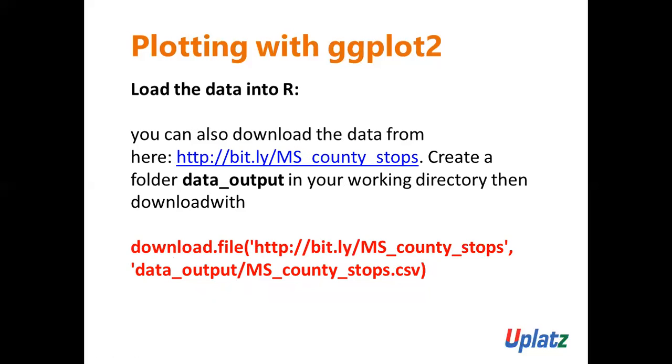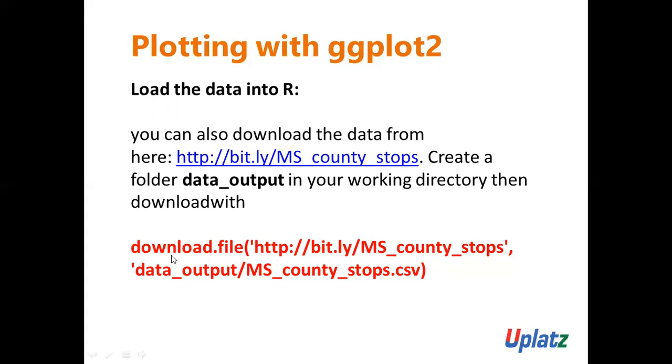Currently, let's suppose you would like to know how to download the data from the internet. There is a function download.file. If you would like to download a data set, a CSV file, from the internet, it's very easy. You need to use the function download.file. Inside that you need to specify the link of the CSV file, comma, and then data underscore output.